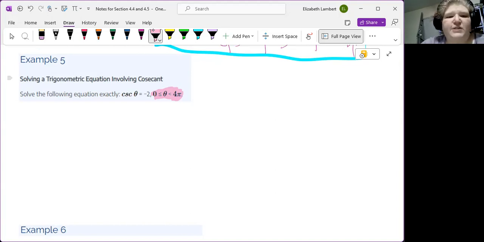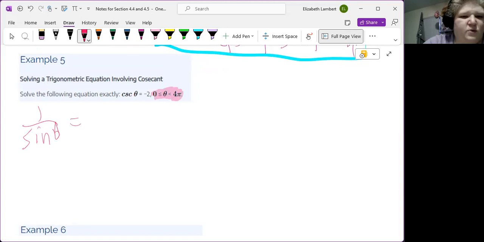All right, so first off, we have cosecant. That's my initial reaction. But I know cosecant is not cosine, it's sine. So this is 1 over sine theta equals -2. Now I'm going to sneak my over 1 in there.